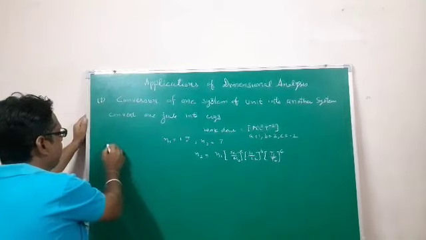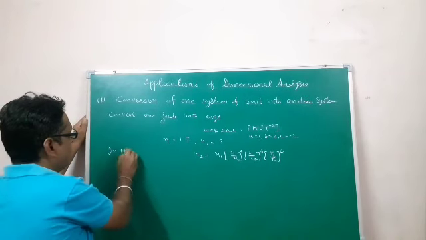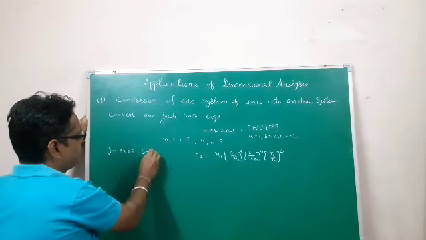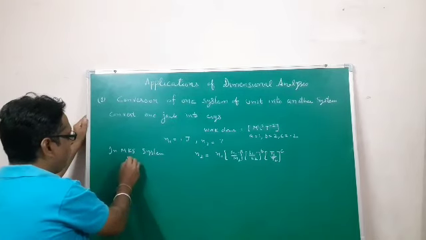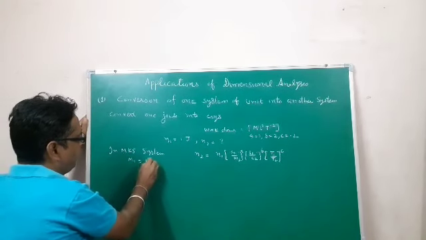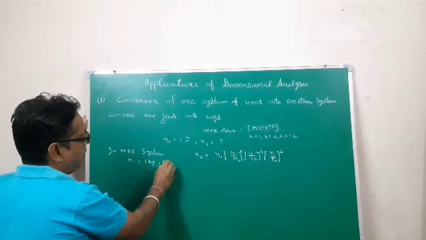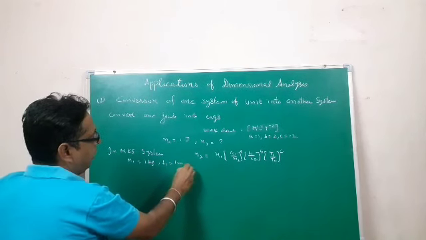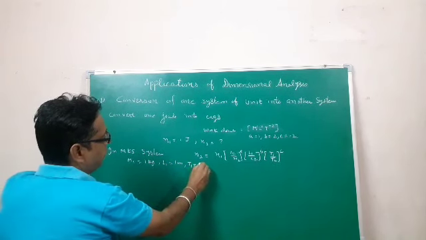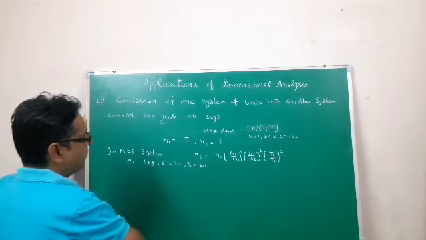So in MKS system, M1 is equal to 1 kg and L1 is equal to 1 meter and T1 is equal to 1 second.